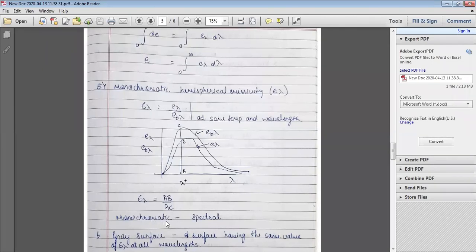Monochromatic, in some textbooks, is written as spectral, so don't be confused. Monochromatic is the same as spectral. So monochromatic hemispherical emissivity is the monochromatic hemispherical emissive power of a surface to that of a black surface at the same temperature and wavelength.